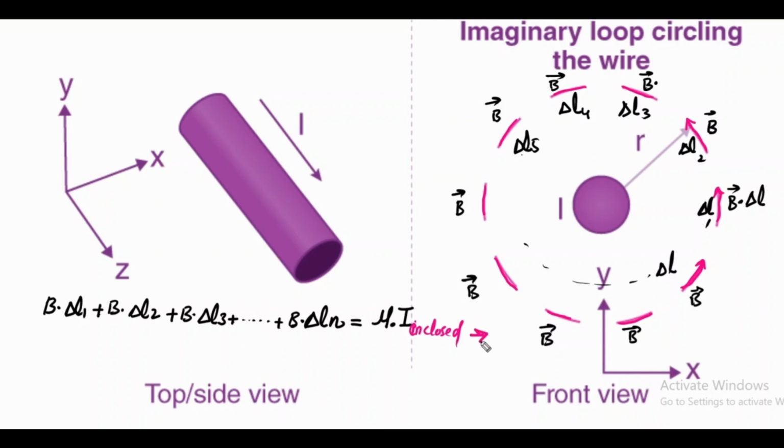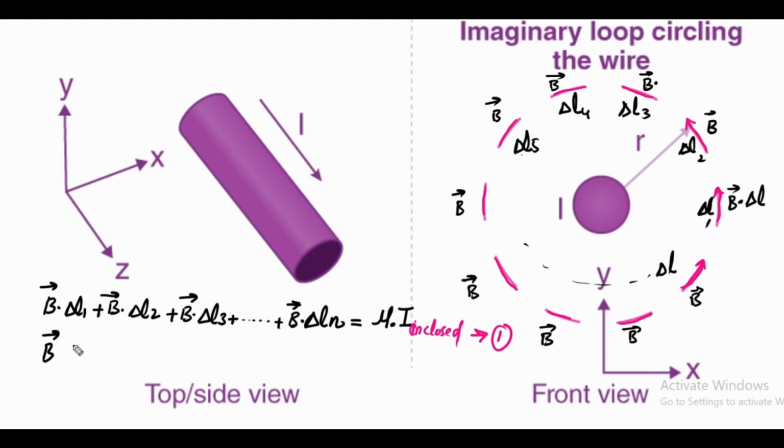So let's say this is equation 1. We are going to determine the expression for B. B is a vector quantity, so we will put an arrow on B. B is the strength of the magnetic field at this part of the Amperian loop.